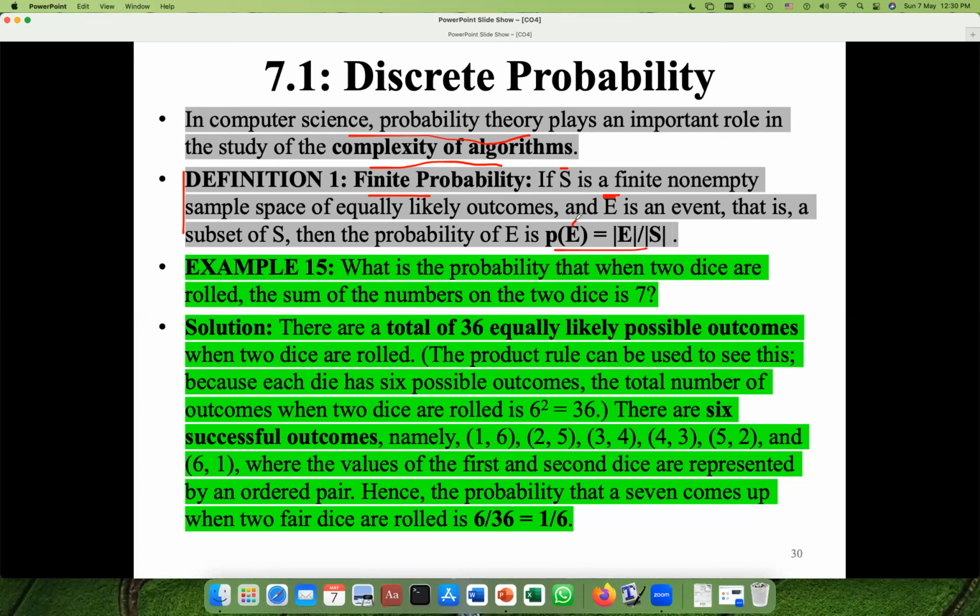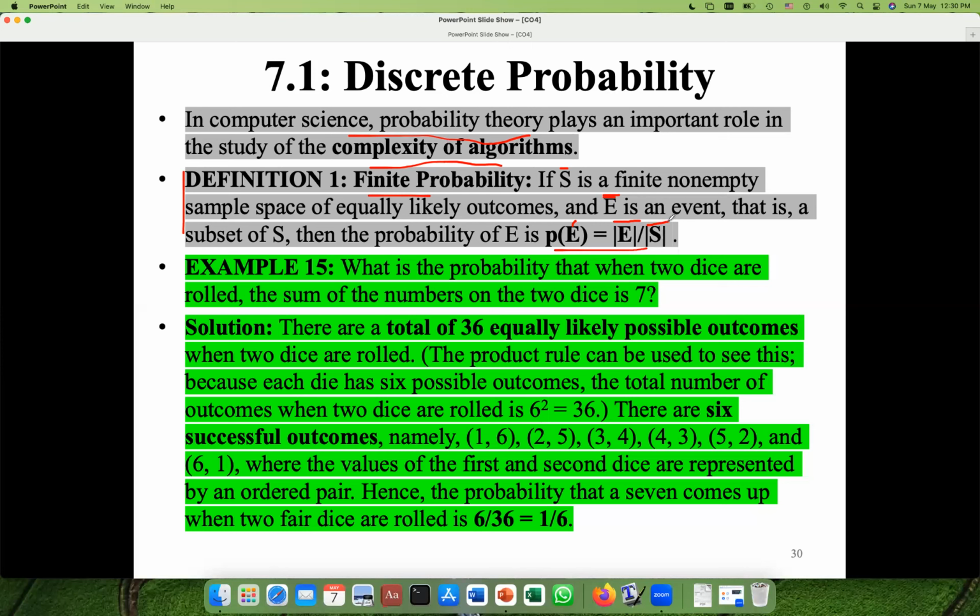Any event which is in that space S. So what would be the probability? The equation is the size of the event, cardinality, or you can say the value of the event. For understanding, you can say the value. The size of the event divided by the size of the space.